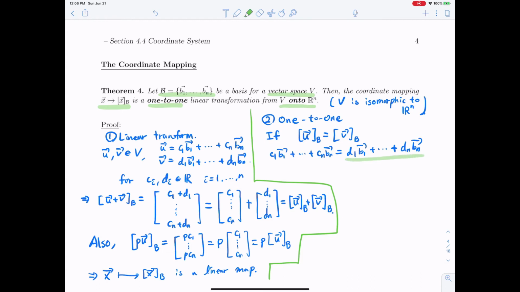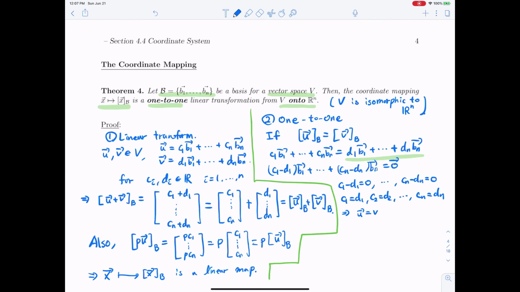Or if you move this to the left-hand side, then this gives you (c1 minus d1) times b1 plus so on plus (cn minus dn) times bn equals 0. Or in other words, this tells you c1 minus d1 equals 0 and cn minus dn equals 0, because b sub i's are the basis for the vector space V, which means they are linearly independent. Or in other words, we have c1 equals d1, c2 equals d2, and so on, cn equals dn, or equivalently, we have u equals v.